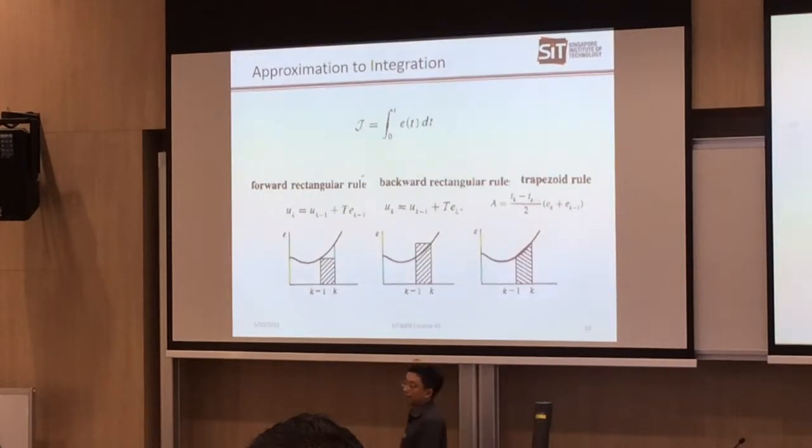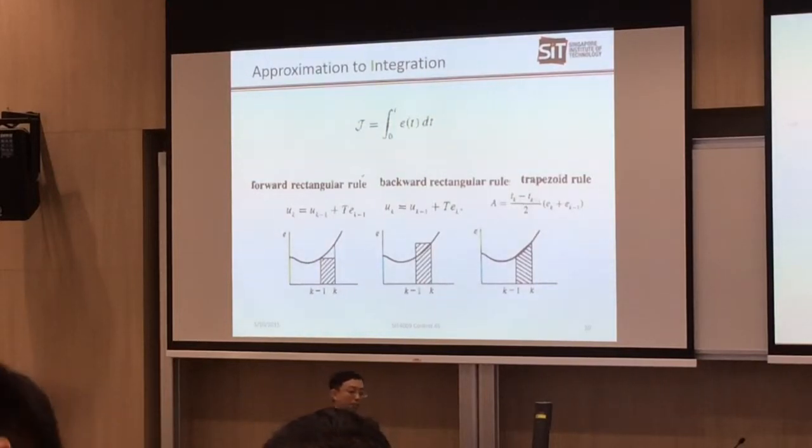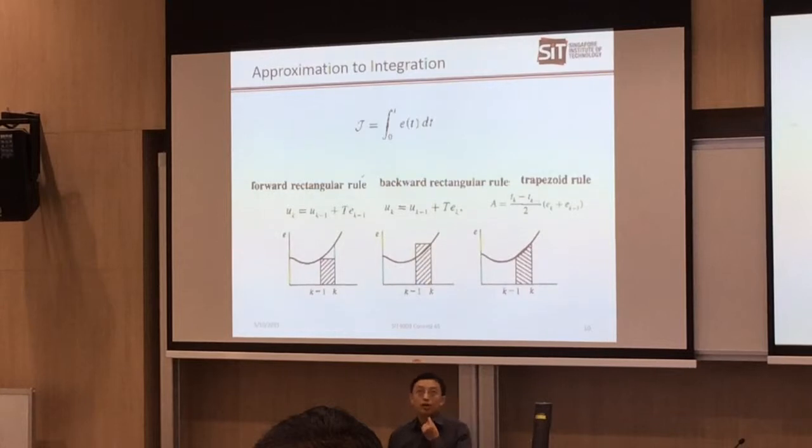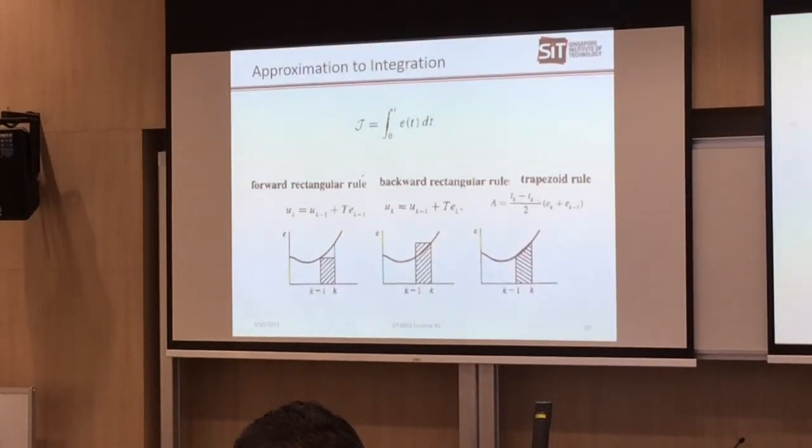okay, last week, when we discussed the PID, last week when we talked about how to approximate the differential equation by difference equation, right? We talked about Euler's, the backward and so forth, right?